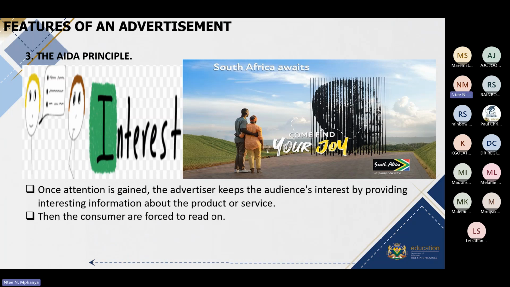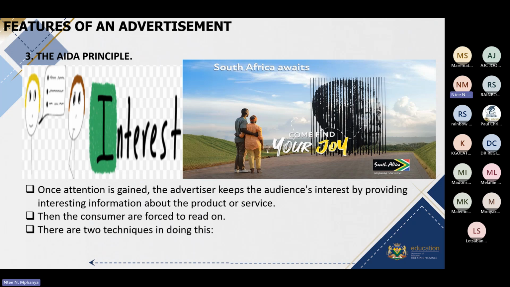So you are forced to read on. South Africa awaits. Come find your joy. Now you will keep on reading to see why South Africa awaits. It attracts your attention and also keeps you interested in the question: South Africa awaits. Why? And where must I go to find this joy?